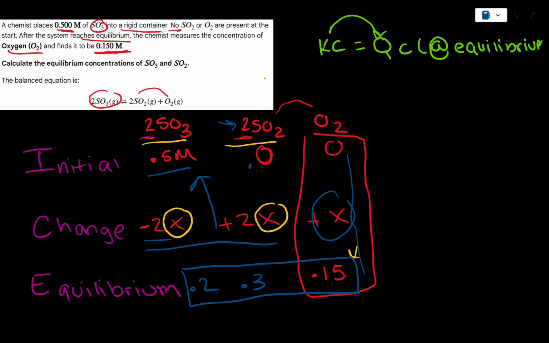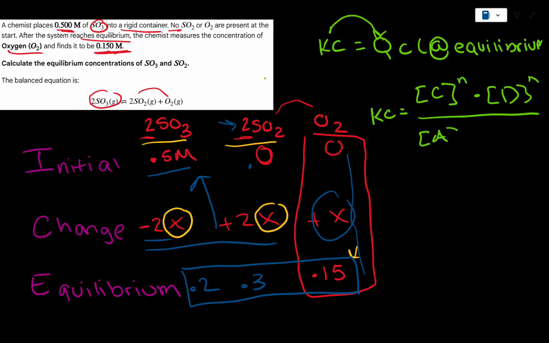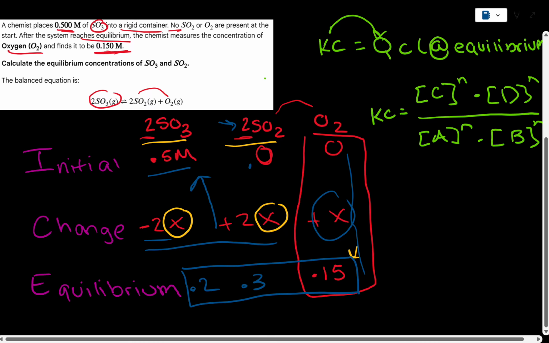The formula for Kc is the concentration of C times the concentration of D divided by the concentration of A times the concentration of B. I'm going to explain what all these variables are.